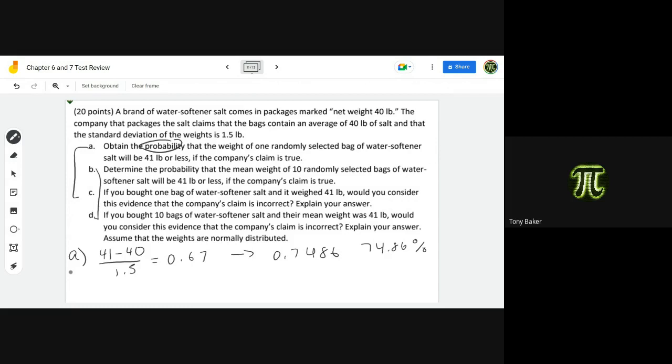So if we do the same thing for B, now we're looking at 10 randomly selected bags, so I got to find my standard deviation for this one.